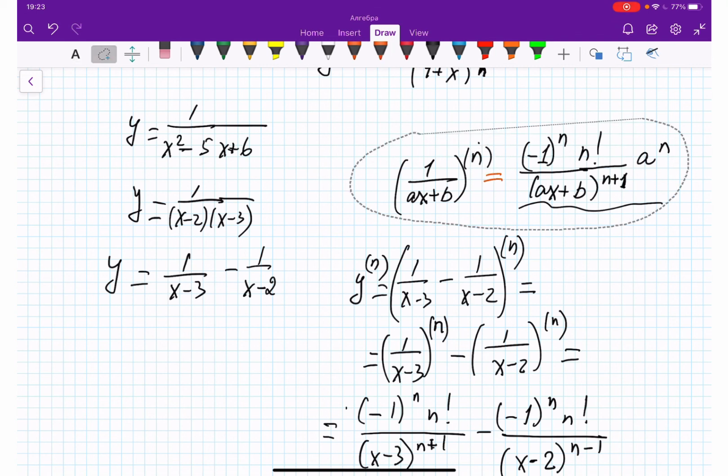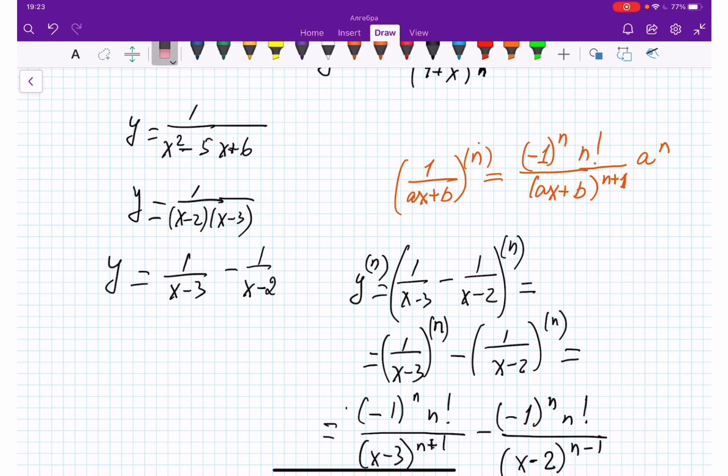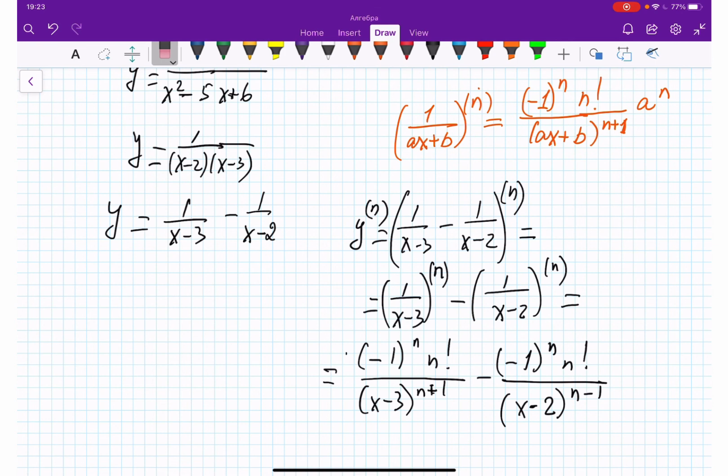Okay, I need to show that this doesn't belong to this. So look here, 1 over ax plus b, to nth order derivative, and I got exactly the same thing, right? Look, 1 over x minus 3, and we take the nth order derivative of the function. Same thing here, and that's why I follow this general form from here.